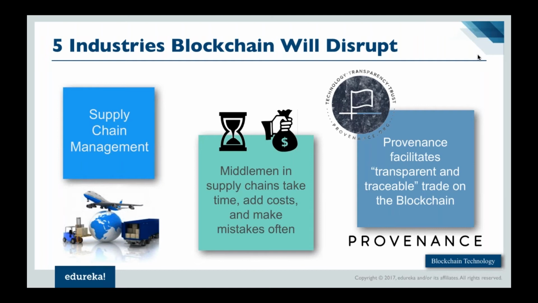The moment this movement transaction is done successfully, the movement details can be pushed on a blockchain, and the blockchain node can replicate the transaction details to all other nodes instantaneously. That will bring a lot of visibility to all the stakeholders in the process instantaneously. So Provenance is a solution which facilitates transparent and traceable trade on the blockchain. We can Google Provenance as a solution which is built on blockchain.